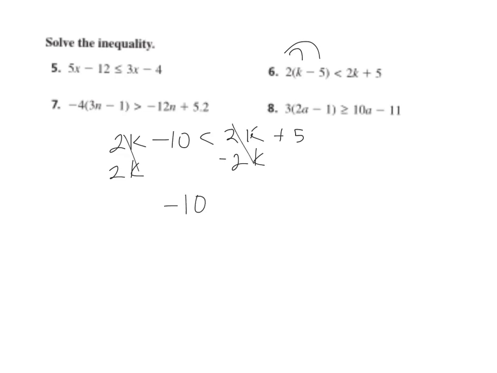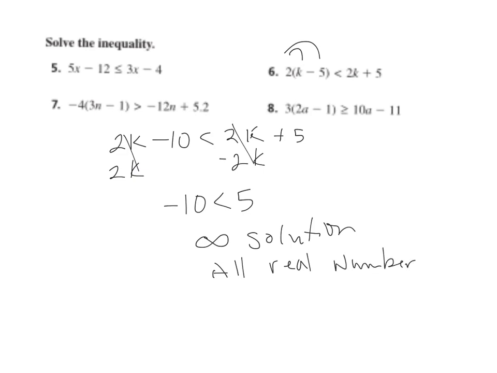We get negative 10 is less than 5. Is that true? Is negative 10 less than 5? That is true. So we have infinite solutions. You could also say infinitely many, or you could say all real numbers. And that's how you do number 6.